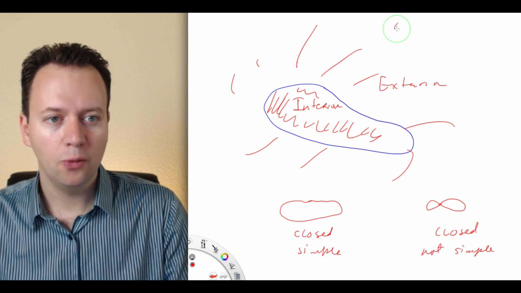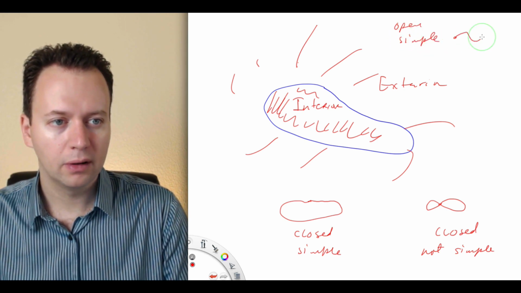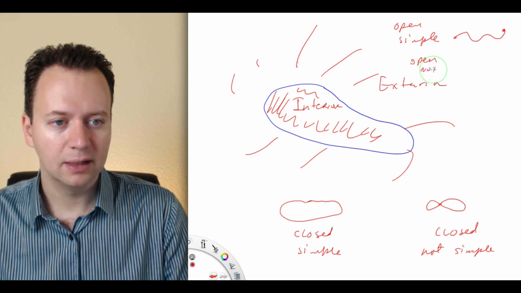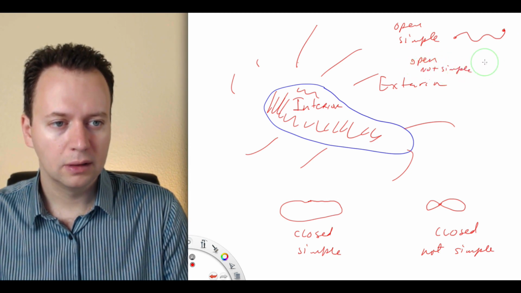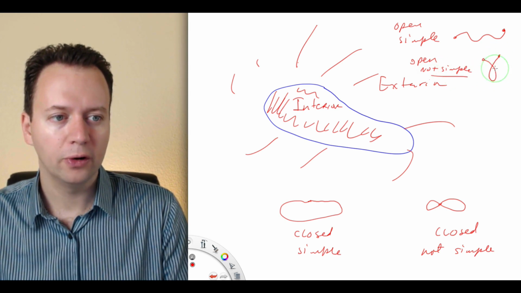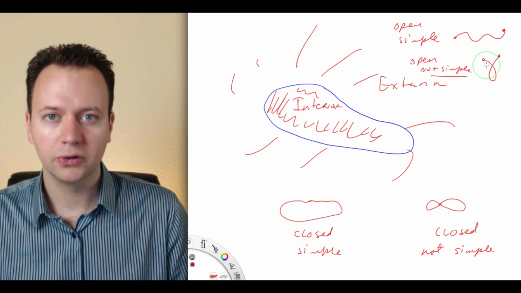And then we can have an open simple curve like this, or an open curve not simple, something like this. The non-simple open curve intersects itself. So that's the basic terminology to use to describe curves.